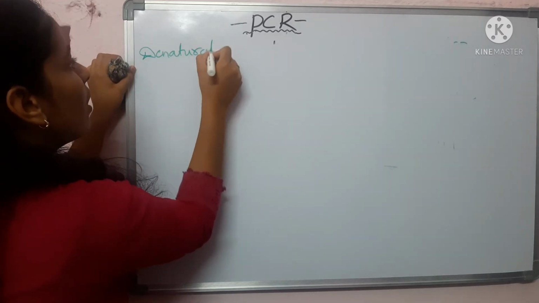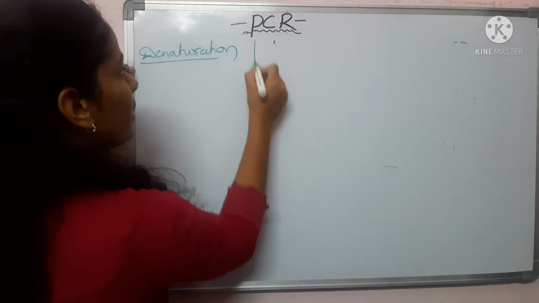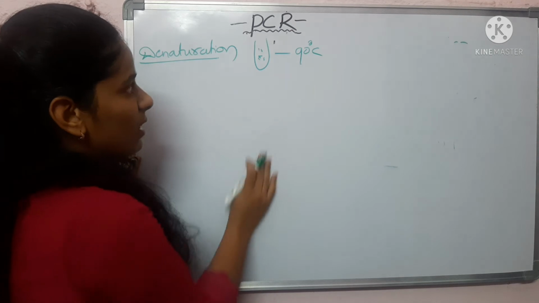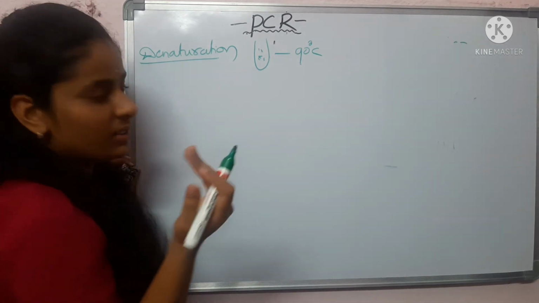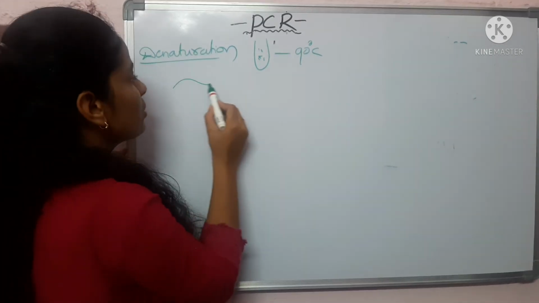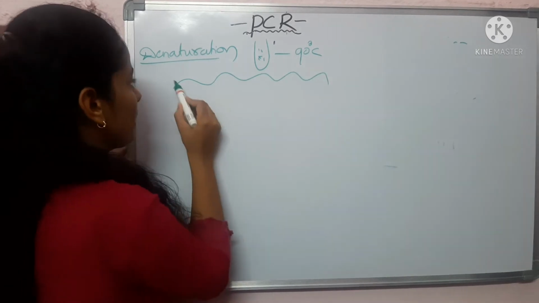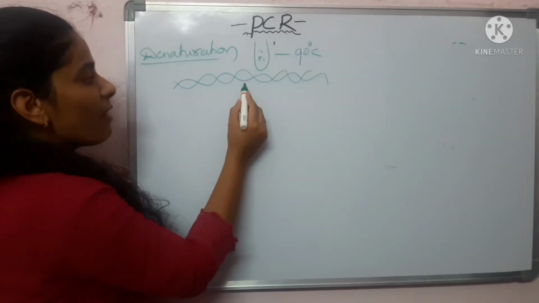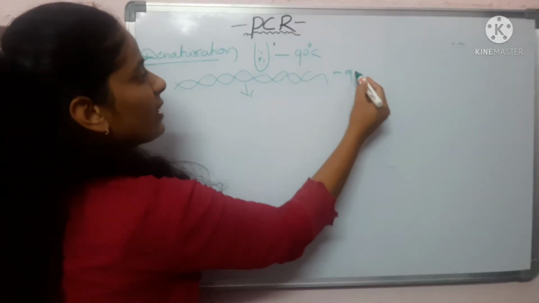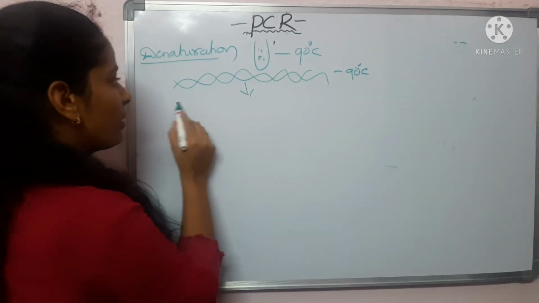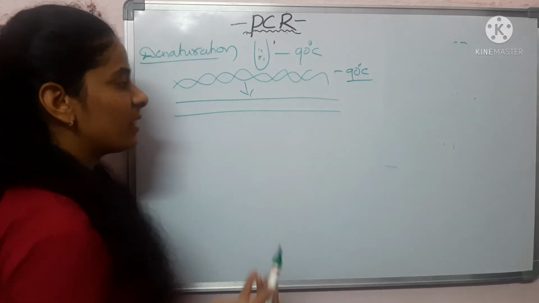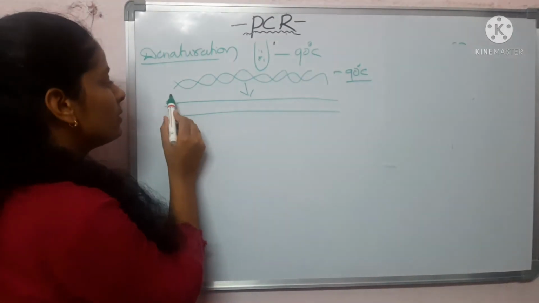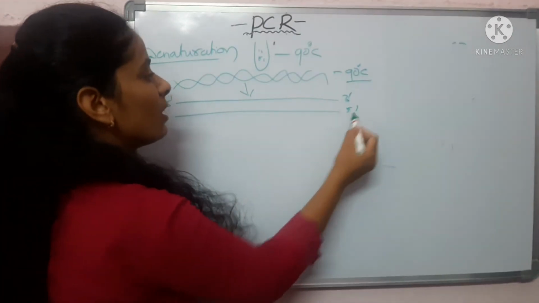First one is denaturation. In this step, our sample DNA is heated to 90 degrees centigrade. This high temperature is given to the sample mixture, so that our double stranded DNA breaks into single stranded DNA molecules.